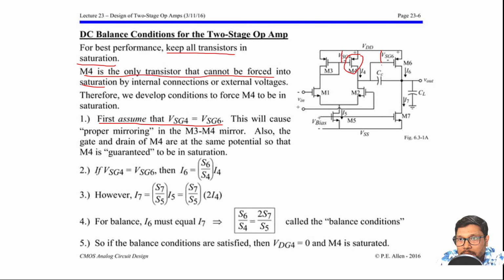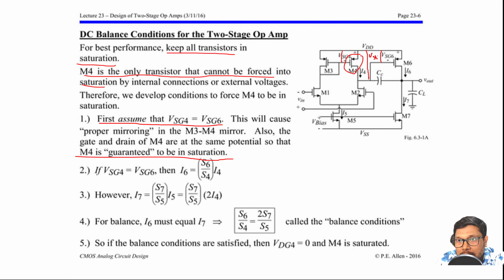Because VSG6 will be the VSD4. So this voltage is VSD4. If VSD4 equals VSG4, then M4 will be in saturation, and for that VSG6 should be equal to VSG4, so that M4 is guaranteed to be in saturation.